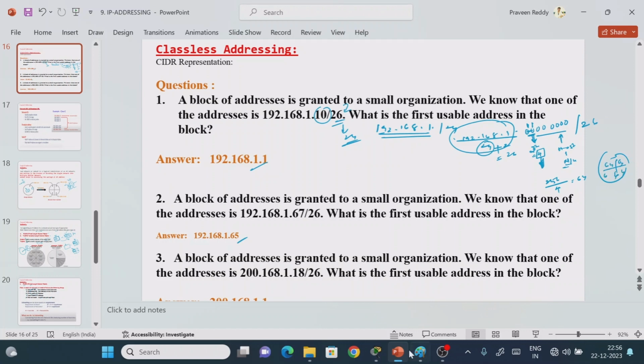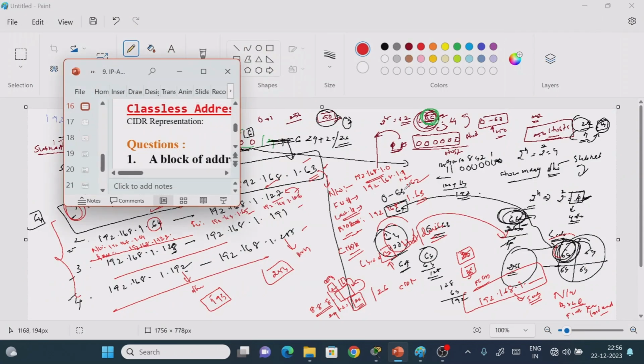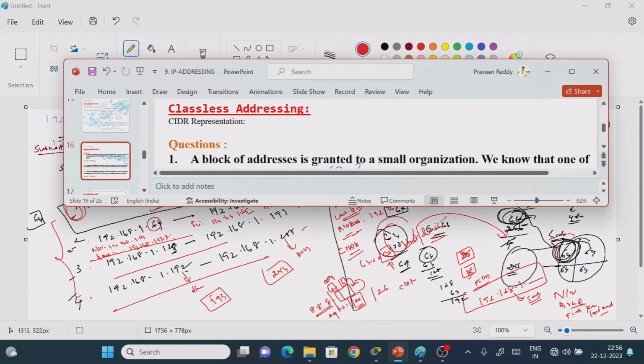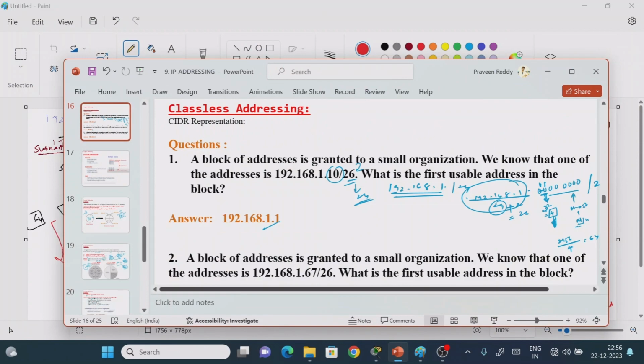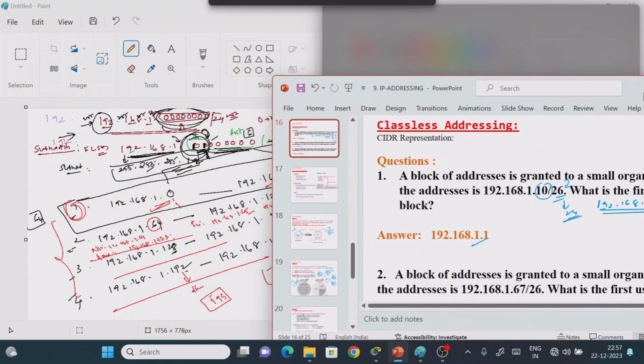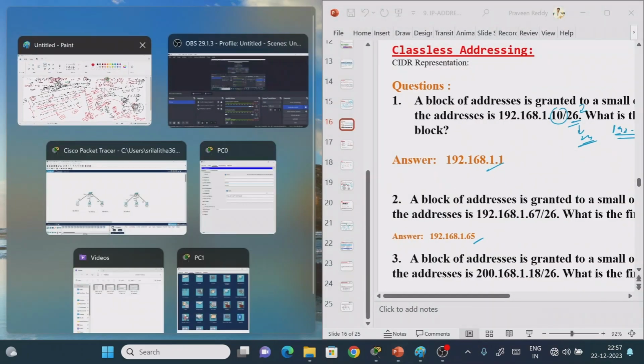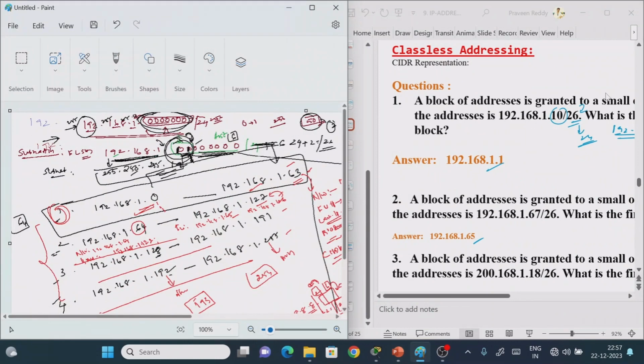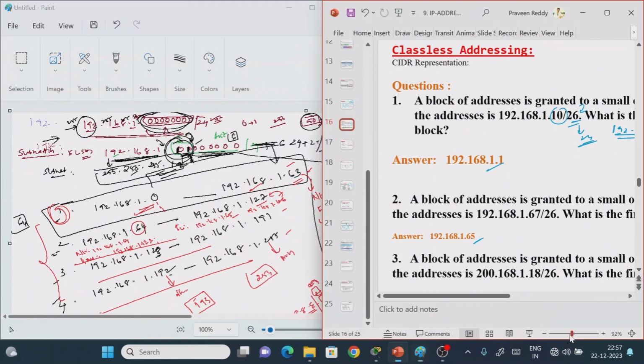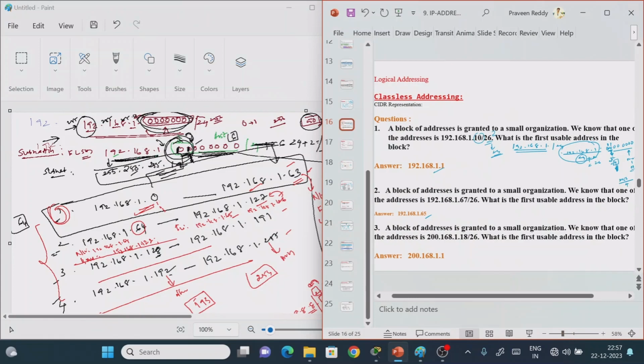This is the same question. If you see this, you will understand. These are the things we have discussed, right? See what is the first series they have given. This is the IP address 192.168.1.10.